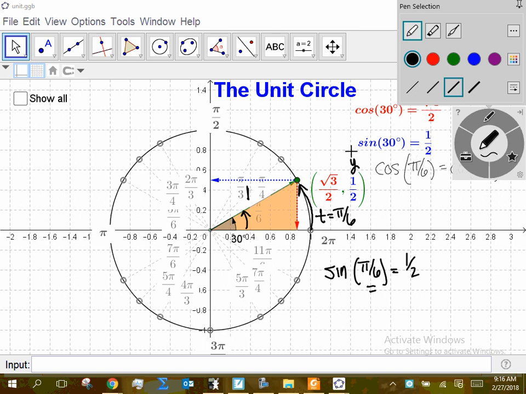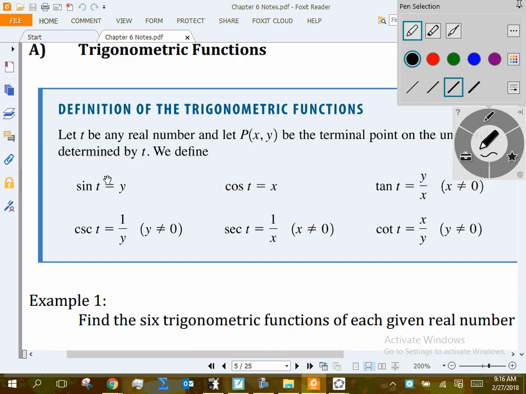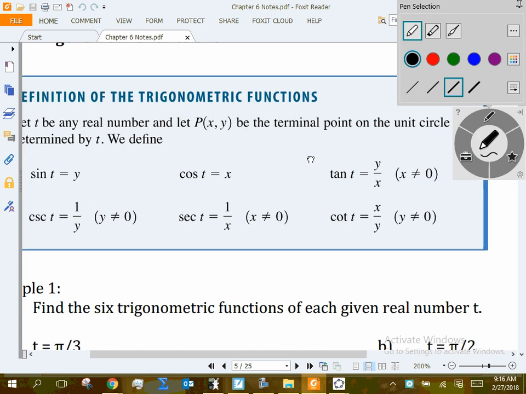Okay? For the same logic then, cosine is adjacent divided by hypotenuse, but hypotenuse is 1. So cosine in the unit circle is just the adjacent distance, which we call x, right? So that's where we're getting these relationships that sine of t is equal to y, cosine of t is equal to x. Okay?